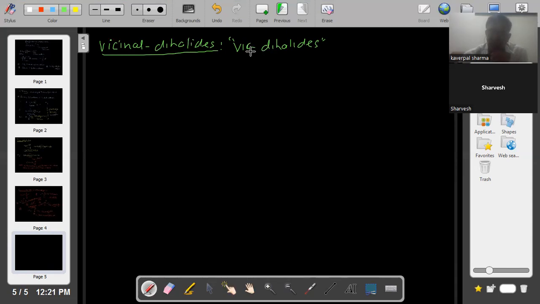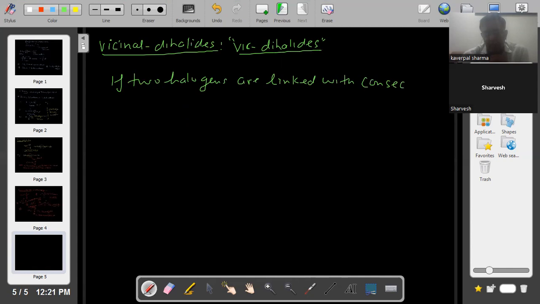In such a case, if two halogens are linked with consecutive carbon atoms, they are called vicinal dihalides.